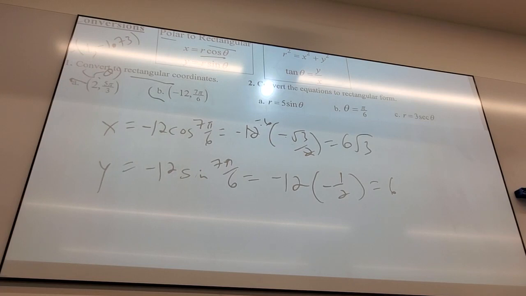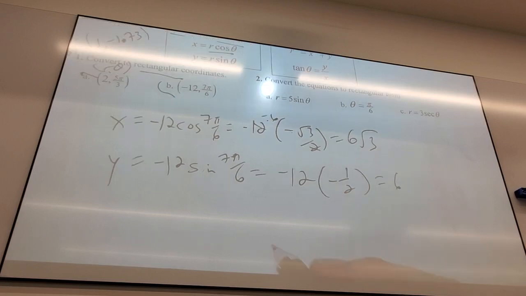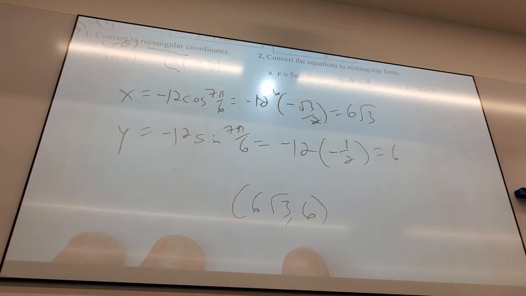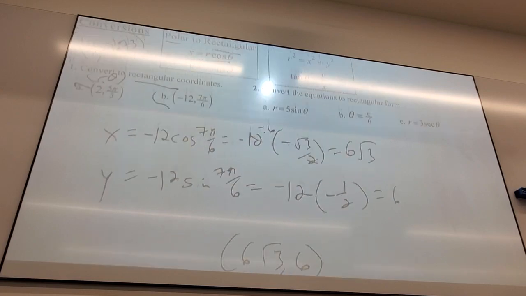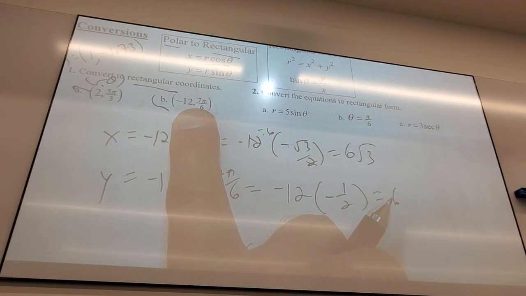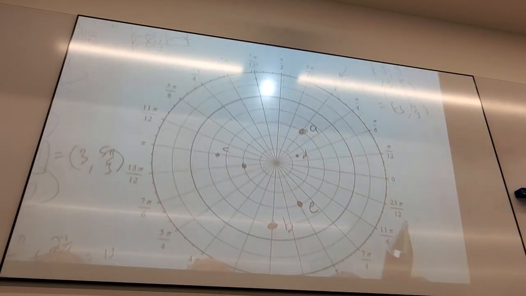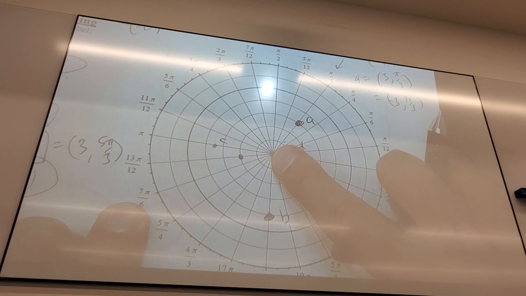What quadrant does this point end up in? This is in the first quadrant, yes, because they're both positive. Is this point in the first quadrant? Think about it. I'm facing 7 pi over 6, correct? I'm facing 7 pi over 6, and then I'm going back 12.